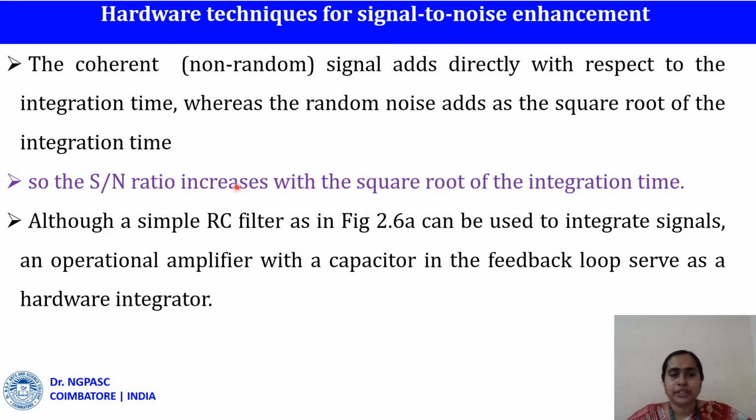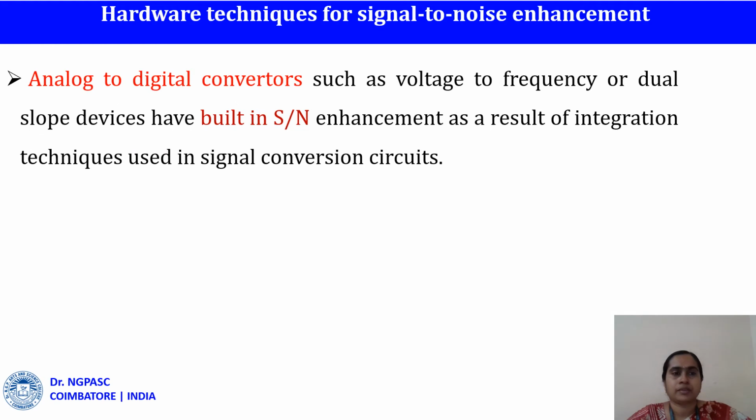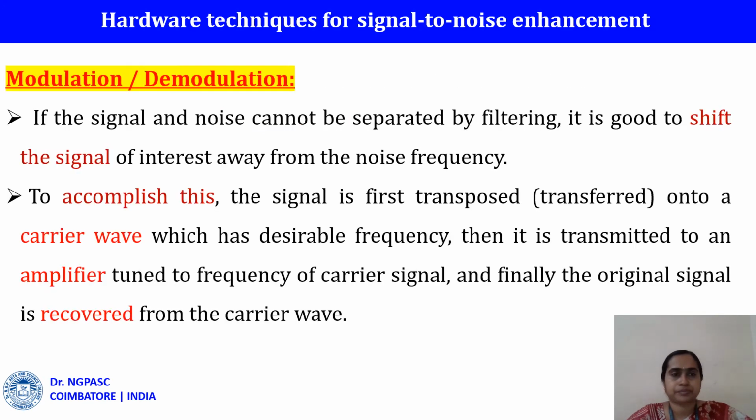A simple RC filter, as we saw in figure 2.6, can be used to integrate signals, and an operational amplifier with a capacitor in the feedback loop serves as a hardware integrator. Analog to digital converters such as voltage to frequency or dual slope devices have S/N ratio enhancement built in by using integration techniques in signal conversion circuits.